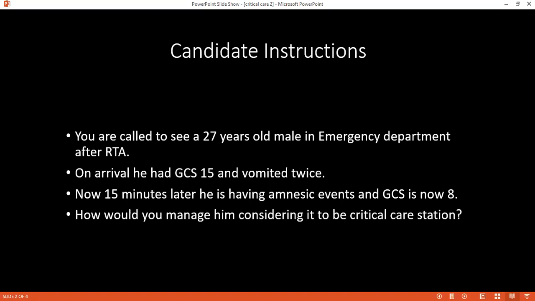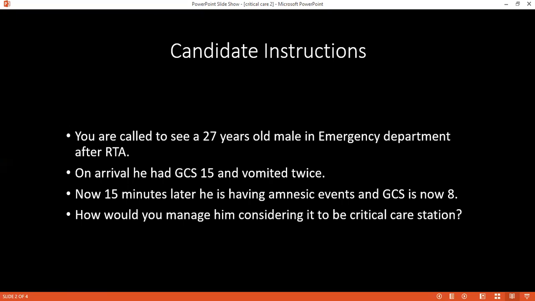How would you position the patient? What would be the position of the patient? I will immobilize the patient. How? By using a neck collar. Very good. And tape, and sandbag, and the tape.